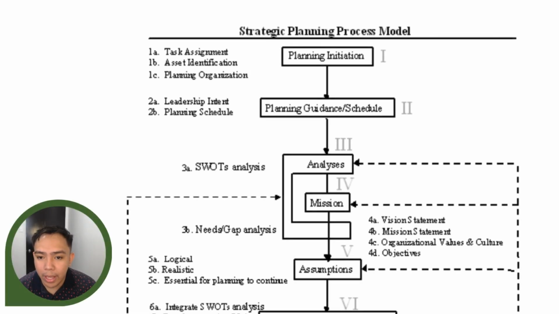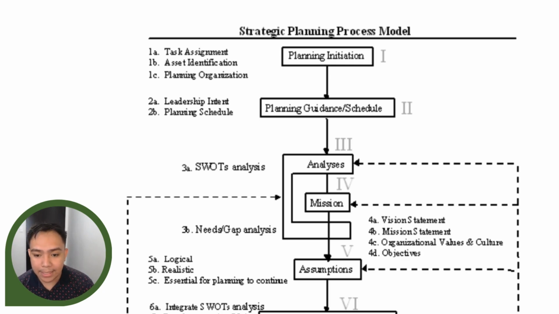Just to give you a big picture of this framework, we start with planning initiation and planning guidance and schedule as a separate part together, which is included in the planning phase you saw in the framework a while ago. Then it goes to the strategic part, the center, the soul of this model.